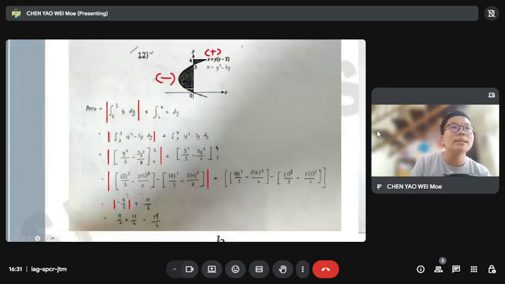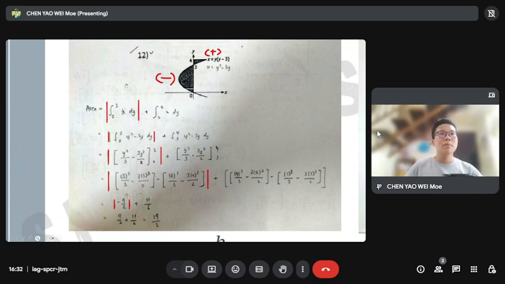The question is giving you a left side and a right hand side. The left hand side is the negative and the right hand side is the positive area. So how do I do it? I combine it, right? I add them. But because the left hand side is negative, I will put modulus.